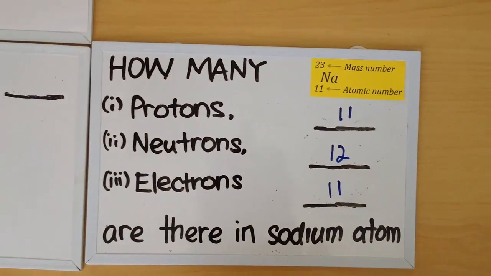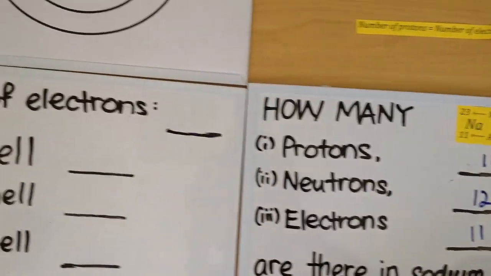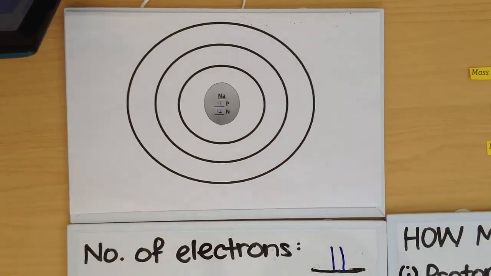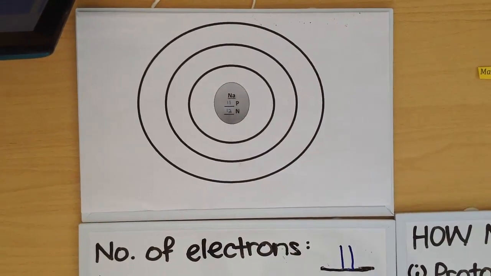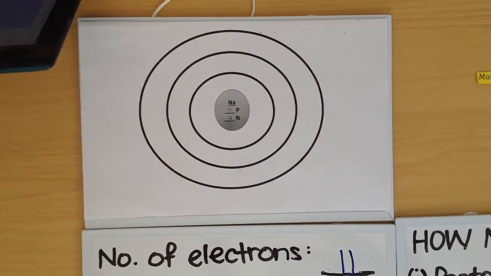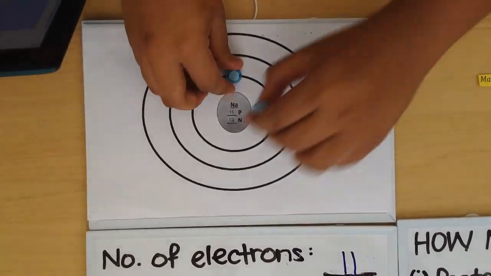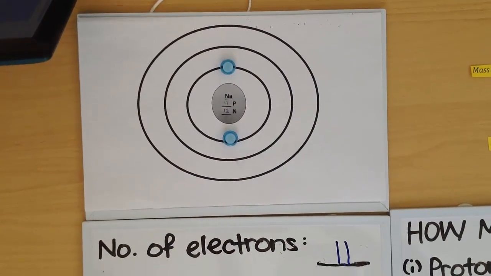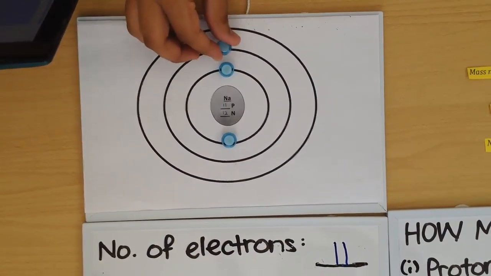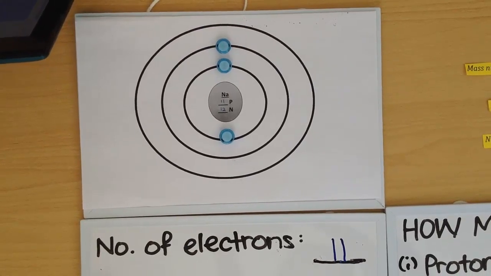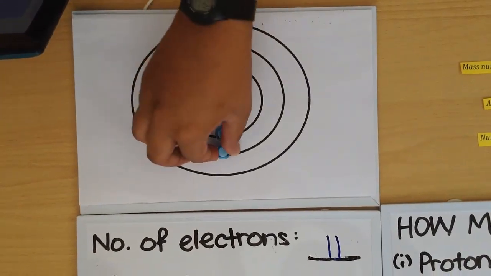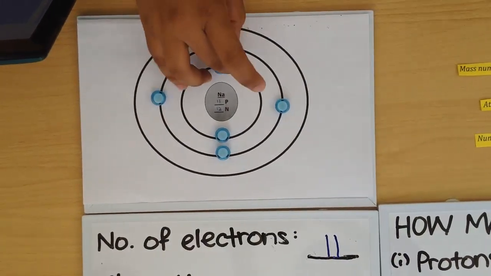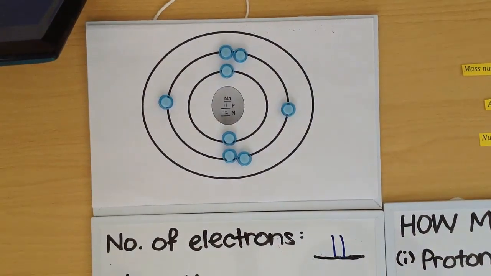As we now know that a sodium atom has 11 electrons, let us distribute the electrons of sodium into their respective electron shells. The first 2 electrons will fill the first electron shell of sodium. As the first shell is now completely filled, the third electron will go into the second shell. More electrons will continue to fill the second electron shell till it is completely filled with a total of 8 electrons.